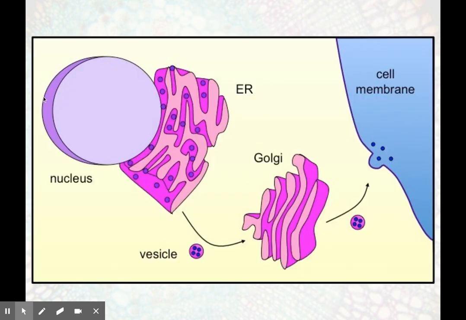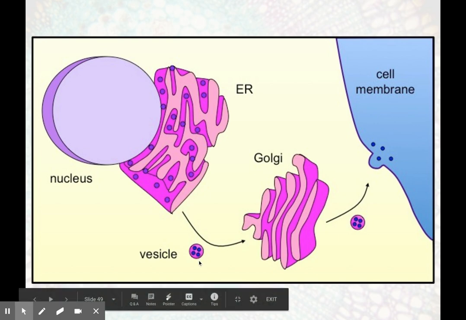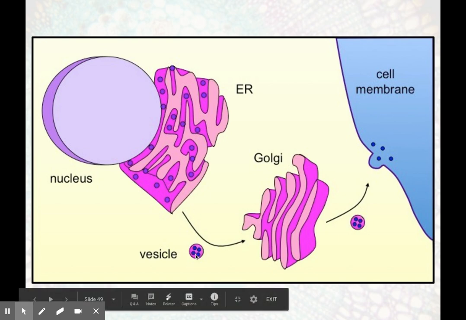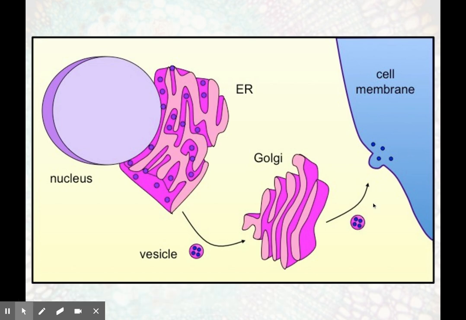So again, we have the nucleus and the ER attached to the nucleus. The vesicle takes what the ER makes, packages it to protect it in a membrane, and ships it to the Golgi. The Golgi is going to modify or change whatever's inside the vesicle and then repackage it, and then it can ship it to some other place in the cell or, as you can see in this diagram, out of the cell.